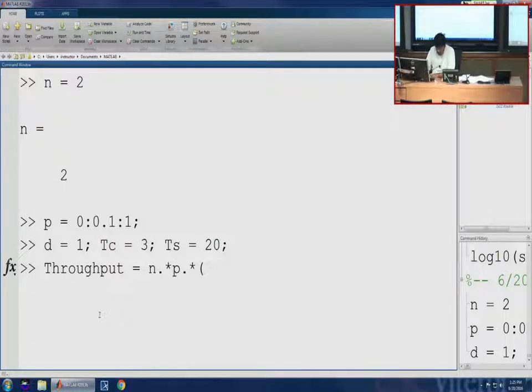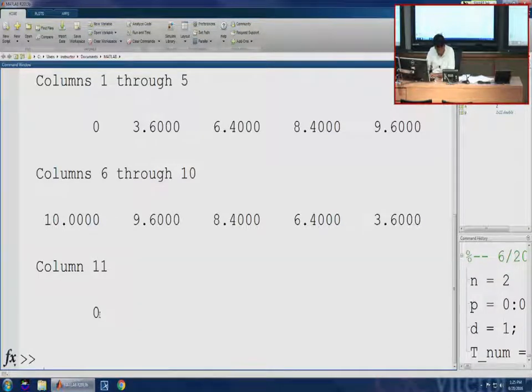In fact, let me do it in 2 steps. Let's call it t, the numerator is n times p times 1 minus p.